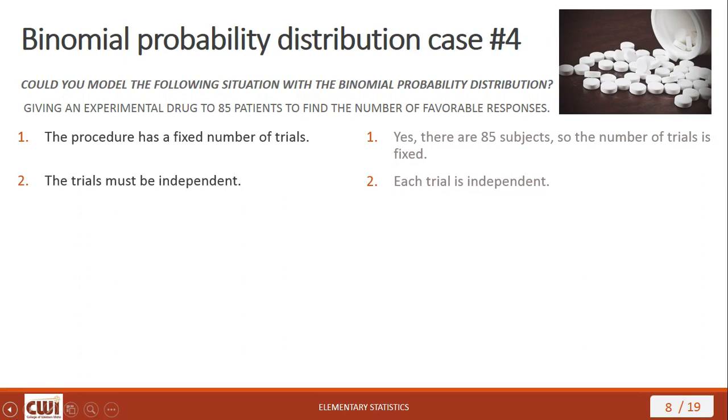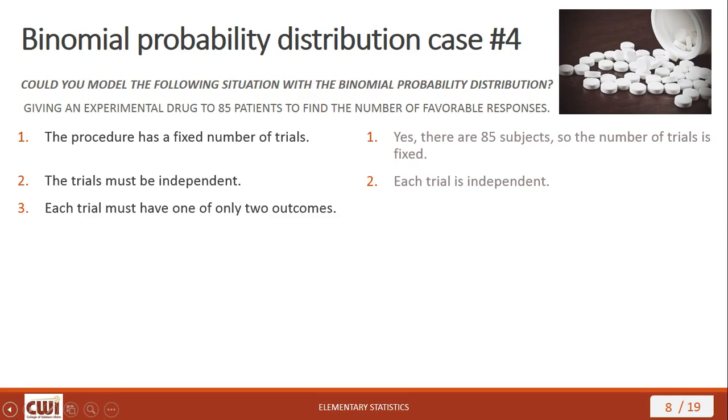What's the third requirement for the binomial probability distribution? I hope you said that each trial must have one of only 2 outcomes. So, is that the case here?